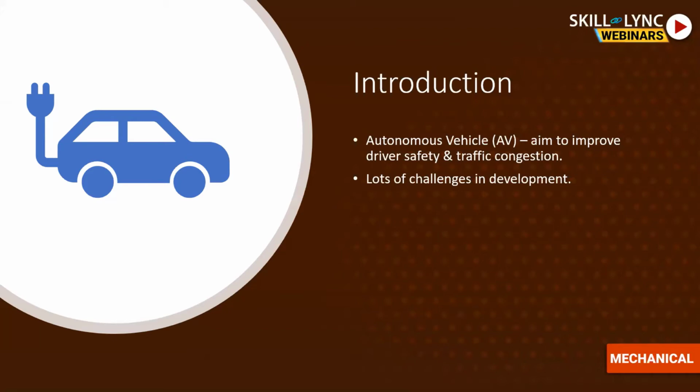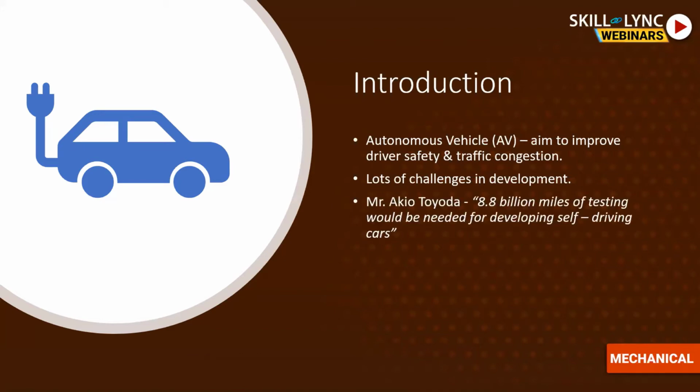So how can we prove that the system we have designed is safe? One way: Mr. Akio Toyoda from Toyota said that for an autonomous vehicle to be completely self-driving, completely autonomous, it has to have 8.8 billion miles of testing. This testing includes both testing on the road as well as simulation.